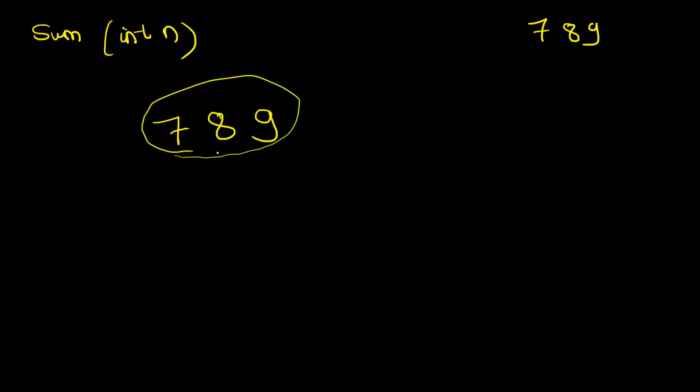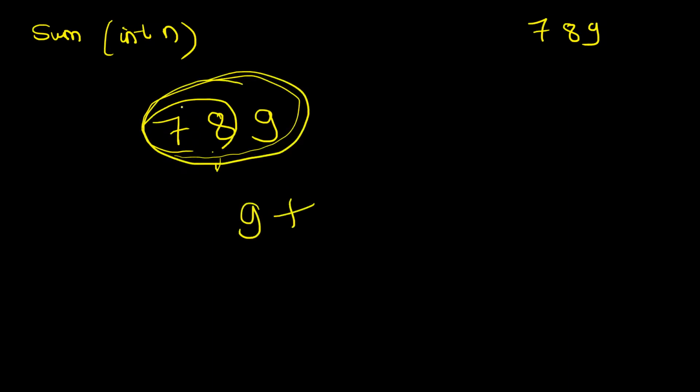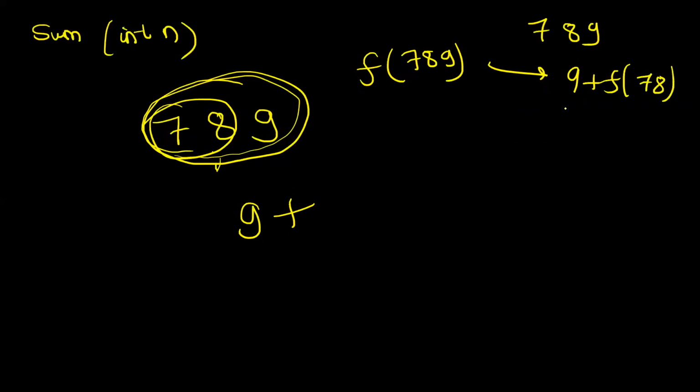This is n. So what do I see? I see that, let's say n is not 0. So what will I say? I will say, boss, the sum of digits of 789 is nothing but 9 plus the sum of digits of 78. Do you agree? The sum of digits of 789 is nothing but 9 plus the sum of digits of 78.